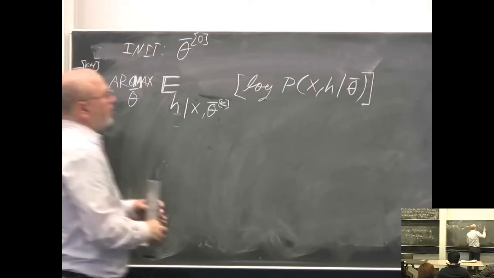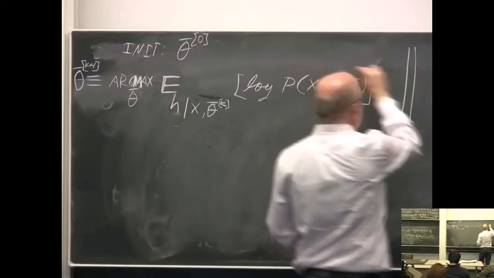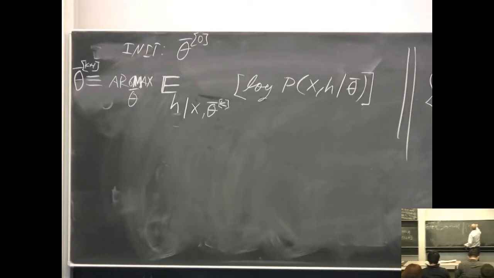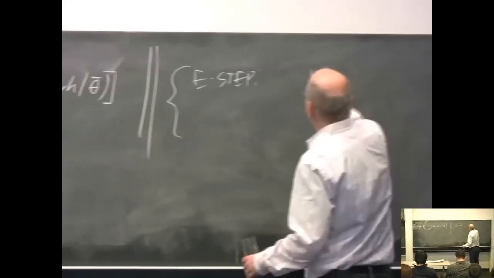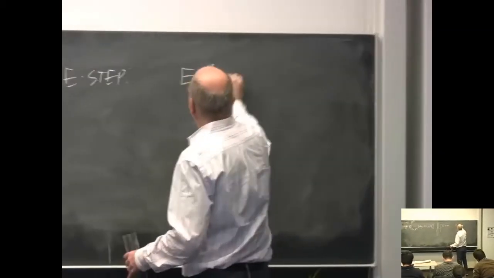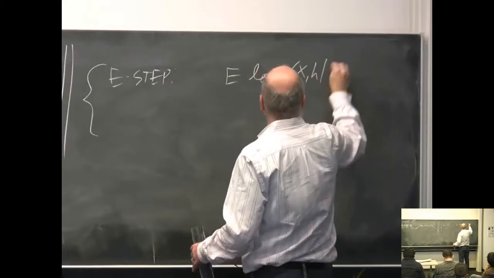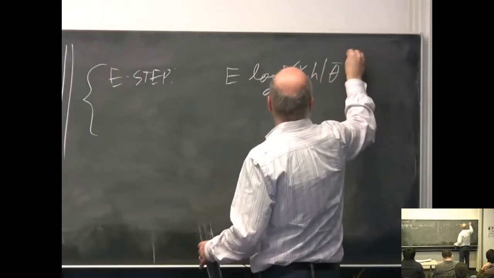Sometimes there's an alternative formulation where people convert this into 2 steps. The E step, you just calculate the expectation of the log of P x of h given theta k.